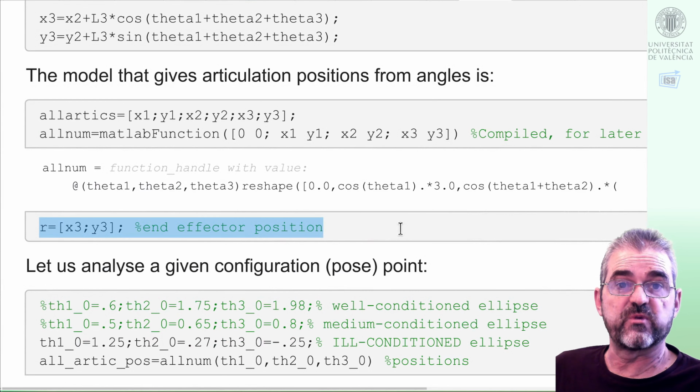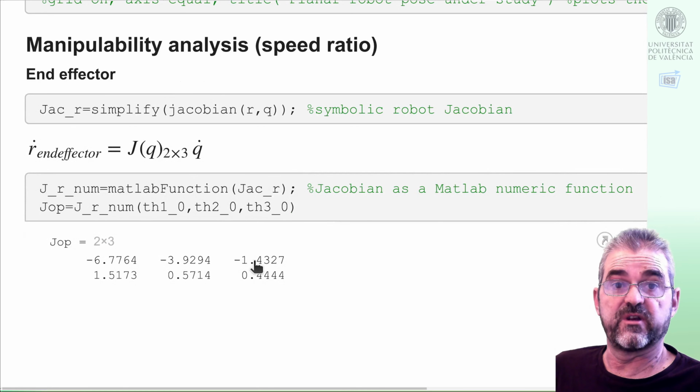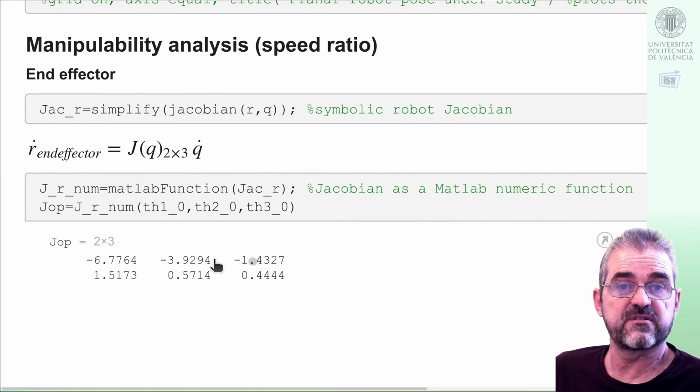The end-effector position was our output of interest, only xy, no orientation, so the manipulator was redundant, non-square Jacobian, and when computing the Jacobian at a particular pose under study, we had these numbers.